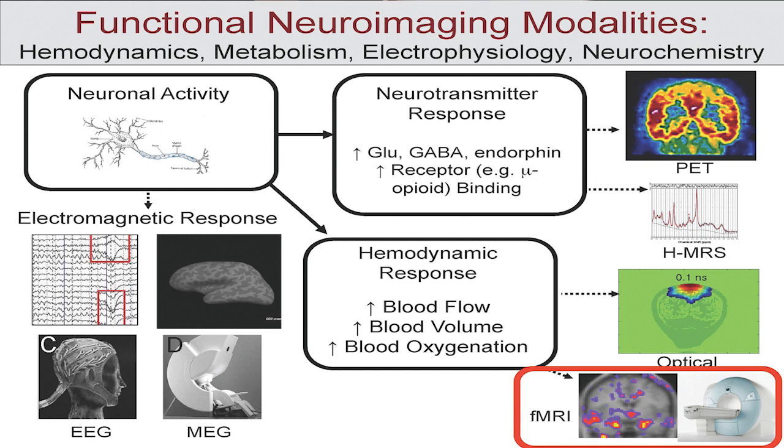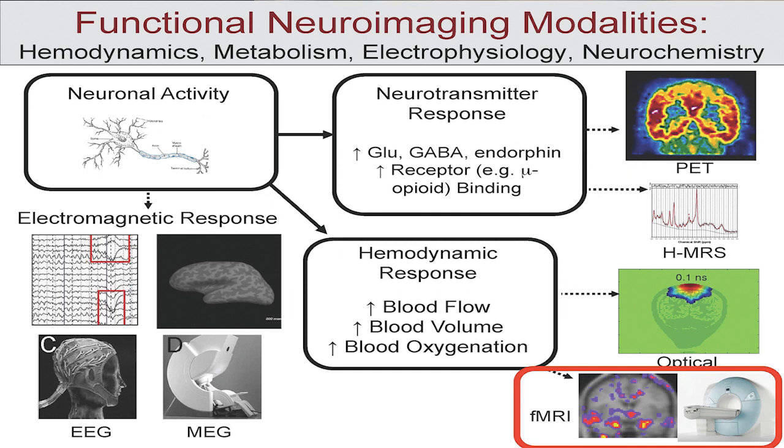But there's also a neurotransmitter response with excitatory and inhibitory neurotransmitters like glutamate and GABA, and even endorphin bindings that can be picked up by techniques such as PET, positron emission tomography, and MRS, or magnetic resonance spectroscopy. And there's also a hemodynamic response.